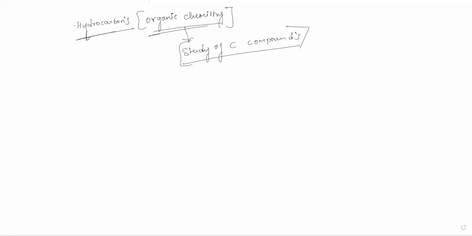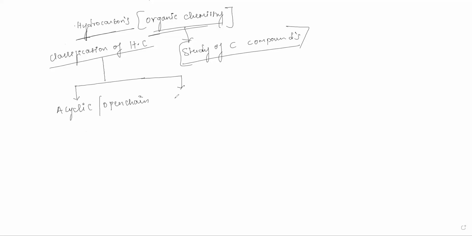When it comes to classification of hydrocarbons, hydrocarbons are classified into two types. That is acyclic, or open chain hydrocarbons.